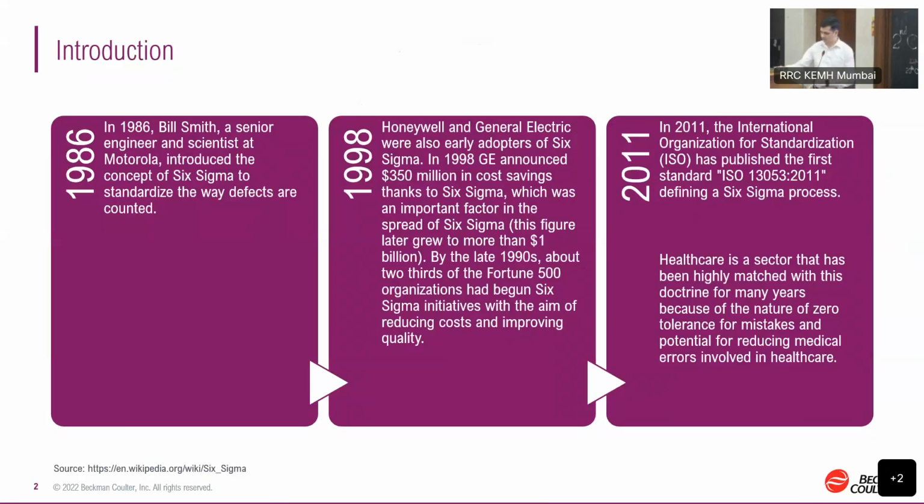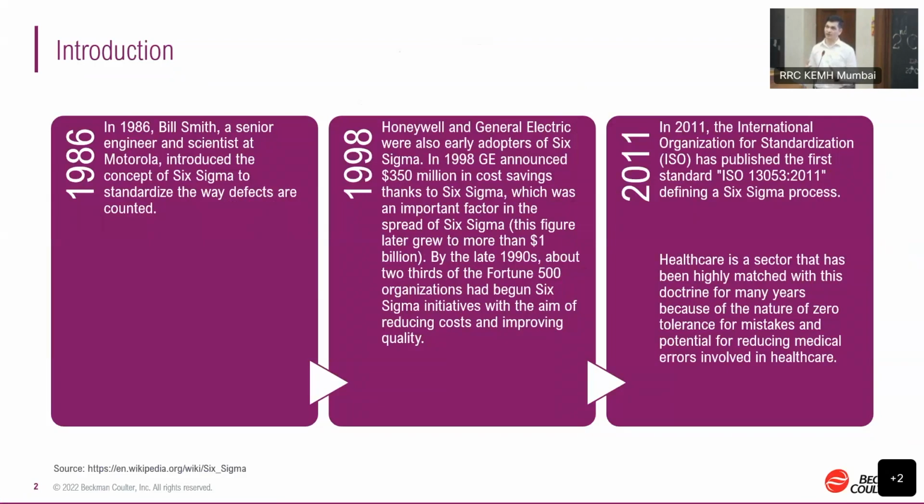Later, it was incorporated by industries like Honeywell and General Electric, and they were able to save a significant amount of cost to their organizations by implementing Six Sigma. Later, it was also incorporated by many more big organizations.